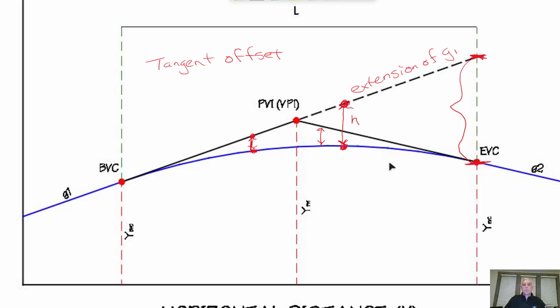That's going to become really important, and we're going to use that idea here to some extent. So this H value that we're going to derive is a tangent offset, and we're just going to consider that tangent offset to the extension of G1.